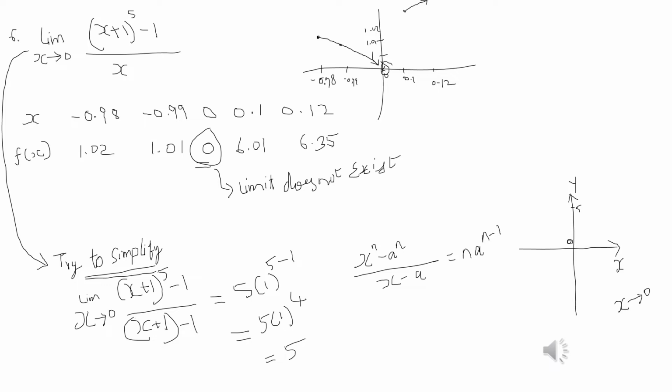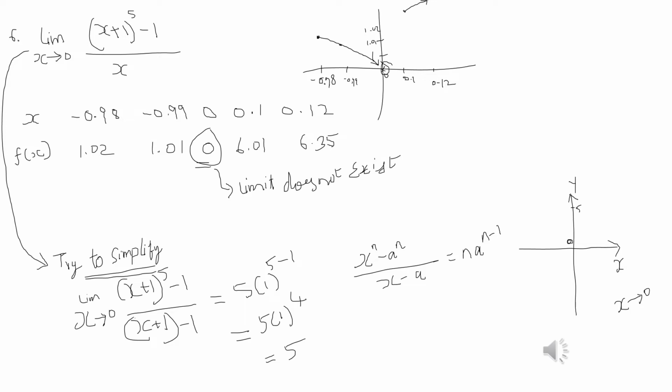When a limit gives 0 by 0, it is an indeterminate form, which means no limit is determined at that point. But it is our responsibility to simplify the function to find the exact value appropriate for this limit, where x approaches 0.